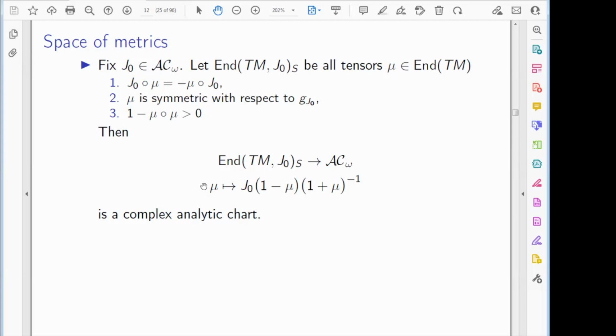And so when he proves that there's a versal deformation space of complex structures, basically it does work into Dirac-Spencer theory using this parametrization.